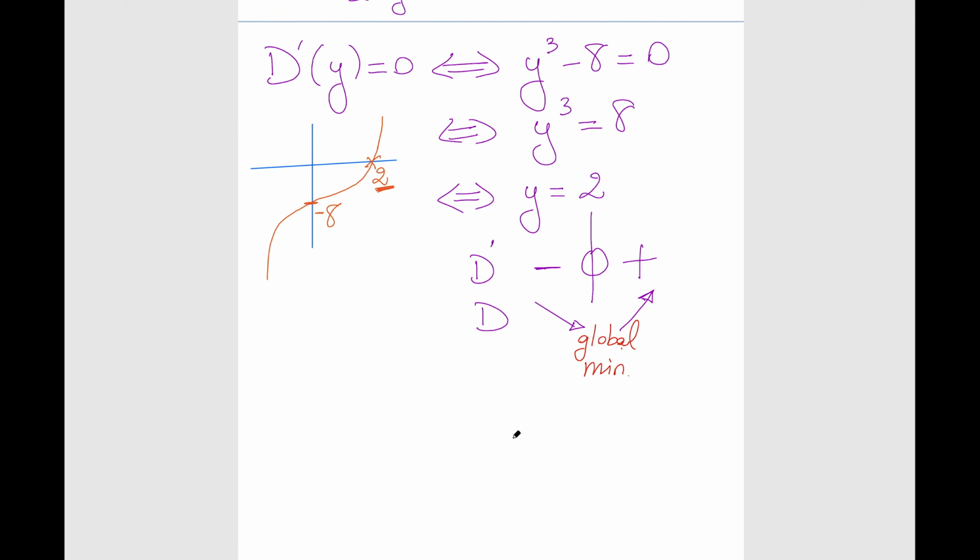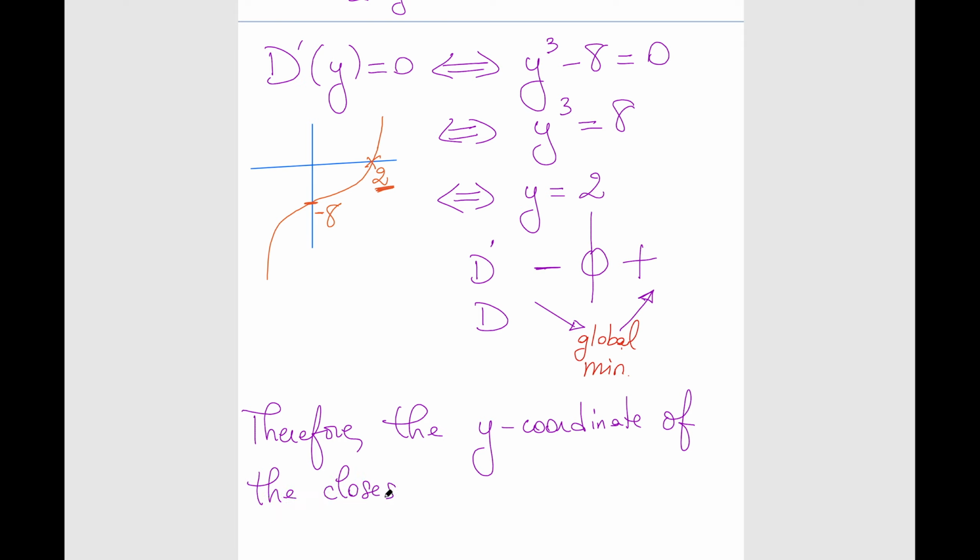So therefore the y-coordinate of the closest point is 2. Why? Because that's the point which allows d, the square of the distance function, to reach its minimum.